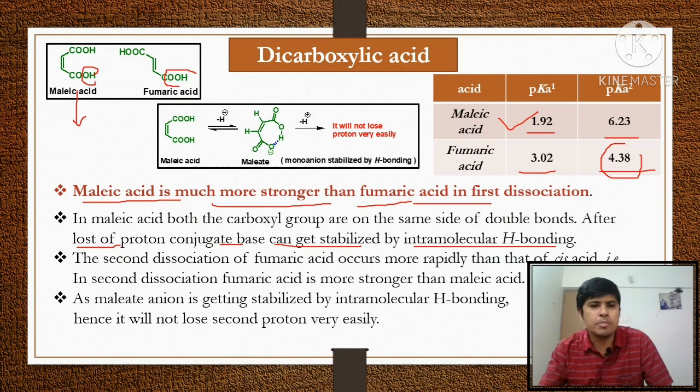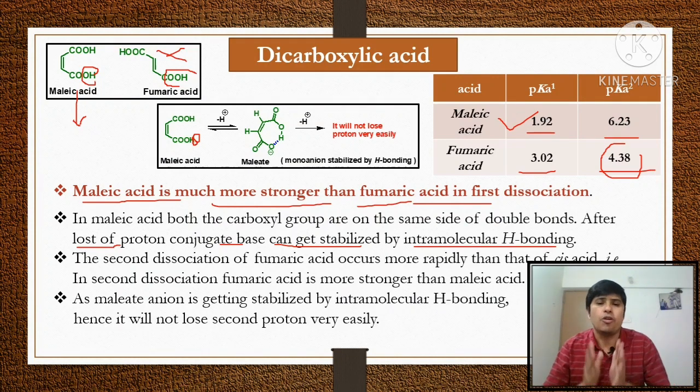When this proton is lost, this conjugate base of maleic acid forms, and this maleate ion gets stabilized by intramolecular hydrogen bonding. This feature is present in maleic acid, but absent in fumaric acid, that is, stabilization of the monoanion conjugate base.